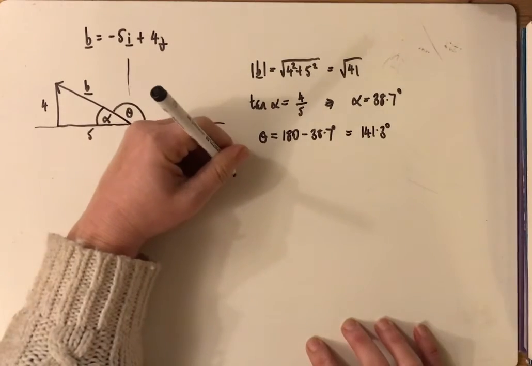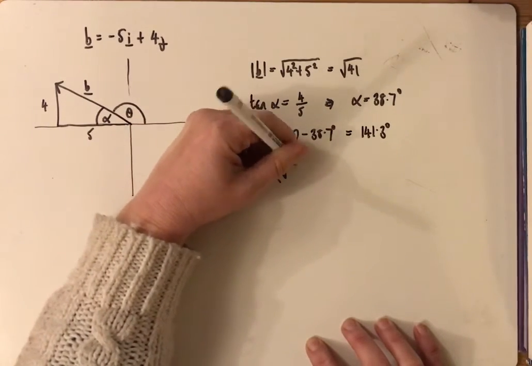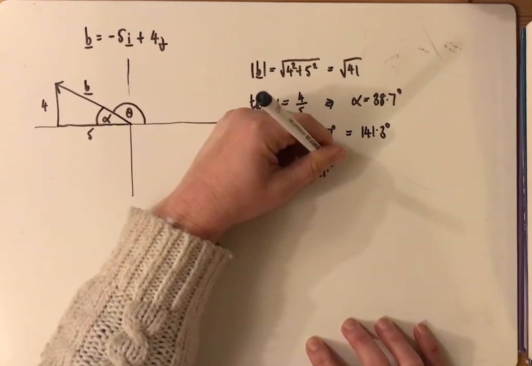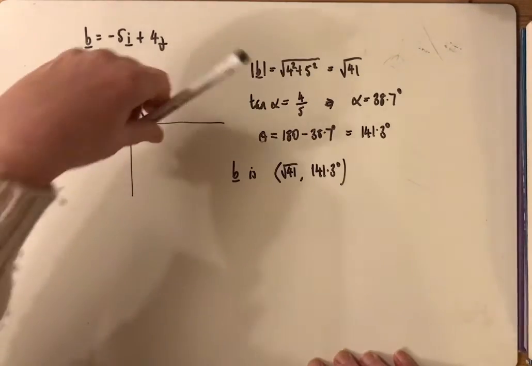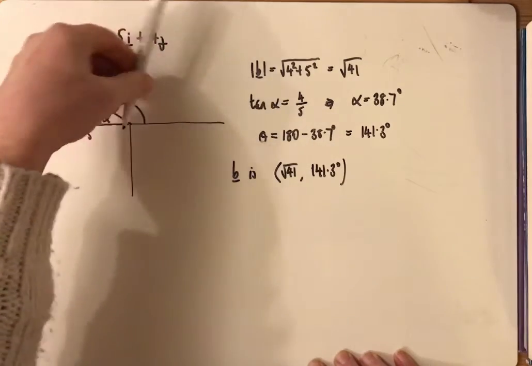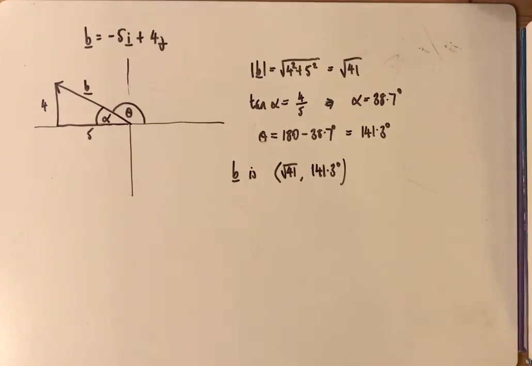And so B is root 41, 141.3 degrees. So we need to get this angle positive direction anti-clockwise from the positive x-axis. And I'll just do one more.